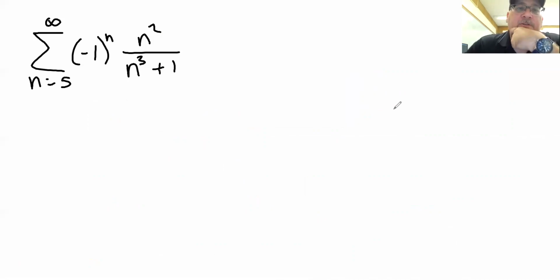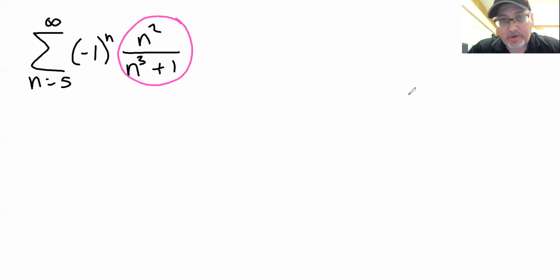Do you think this converges by the alternating series test? Meaning that we look at the term without the alternator and ask it three things. Is it always positive? Should be obvious it is. Is it always decreasing? Or eventually, not so clear. Is the limit zero? Well, the limit is zero, but let's go ahead and play this out to its conclusion.